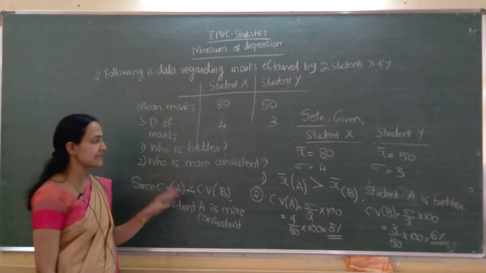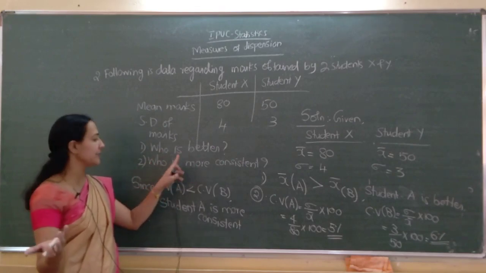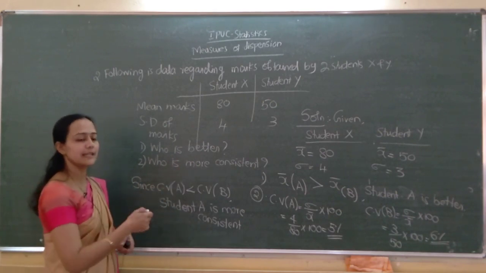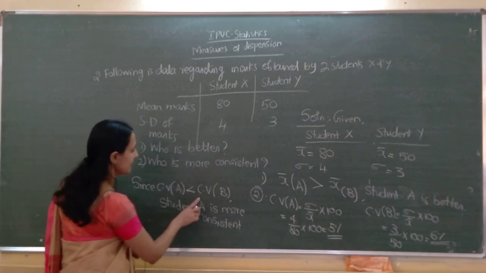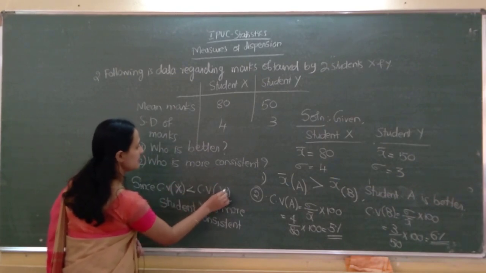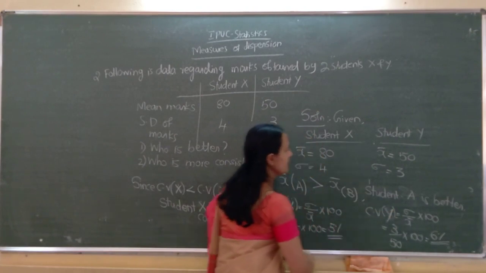Hope this much is clear to you. Who is better means if X bar is more, he is better. Who is more consistent means if CV is less, more consistent.